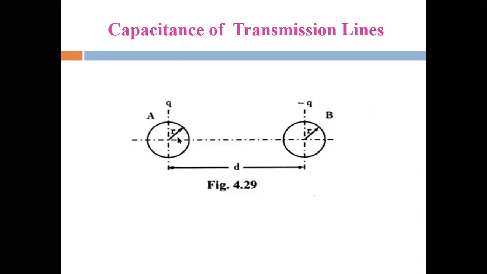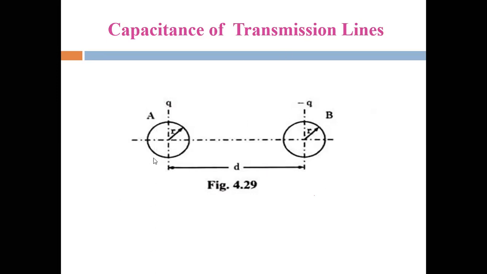Capacitance means two parallel plates. In that, we are considering A and B as parallel conductors. The distance between these two parallel conductors is d meters.